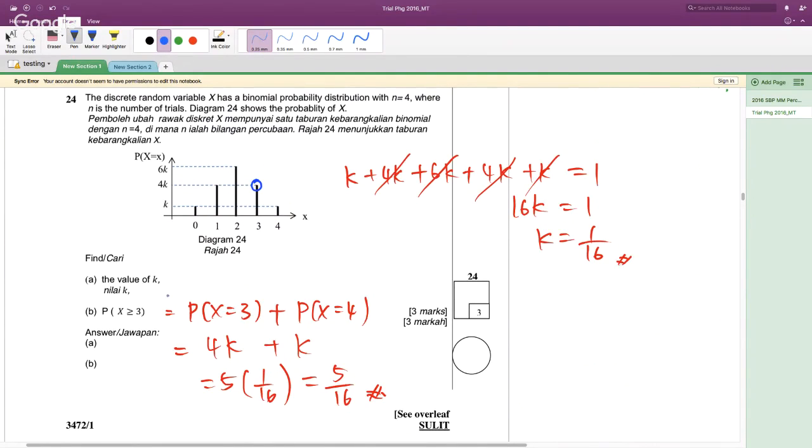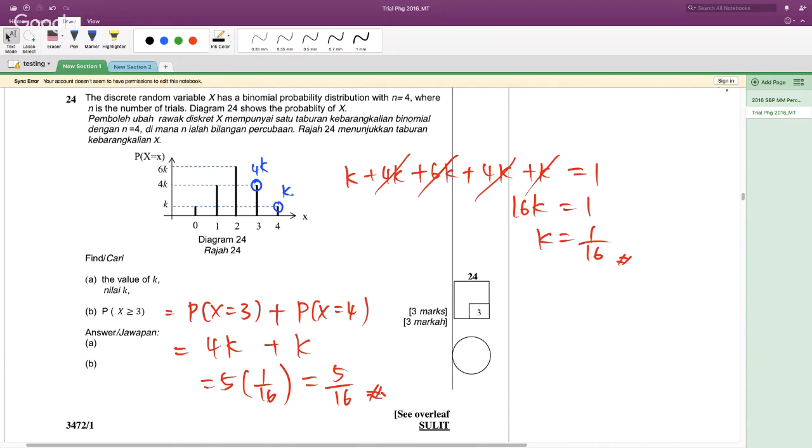And then for x equals 4, which is 1k, this is how I get the 4k and k. Yeah, I hope you do understand this. I actually got it from the diagram itself. Yep, is there anything else you want to ask?